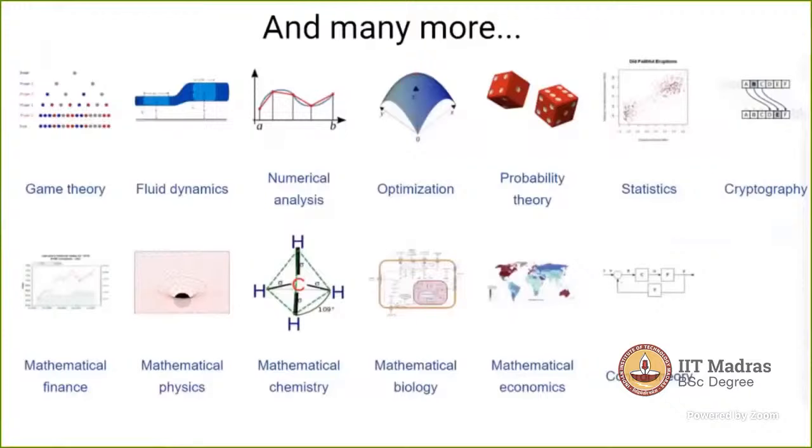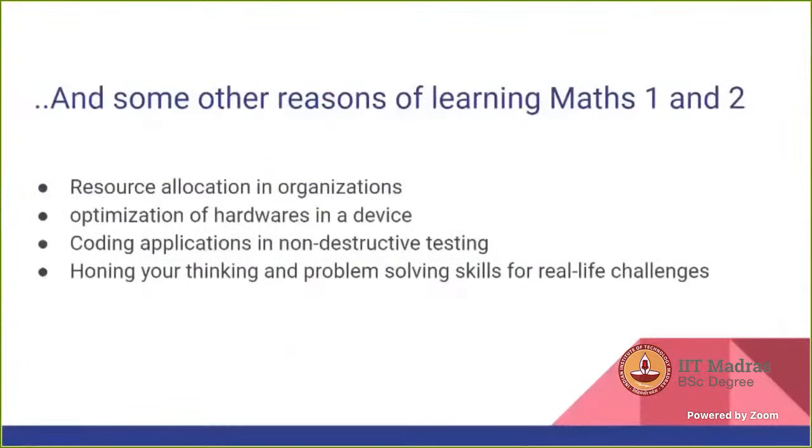Everywhere you need this math. So it becomes really essential that you first have the foundational courses in maths, followed by some more learnings in maths too. It becomes very important.